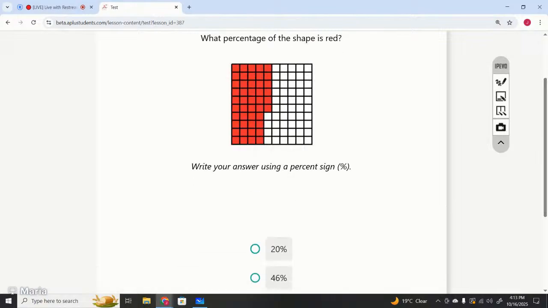What percentage of the shape is red? 10, 20, 30, 40. And 46%, it is. The correct option is 46%.